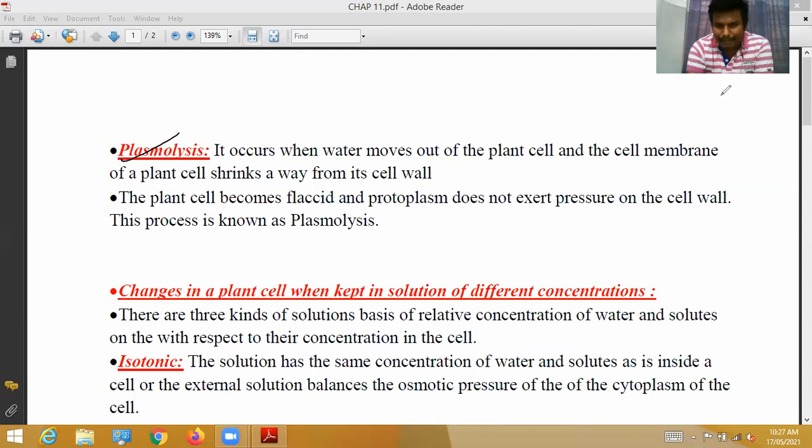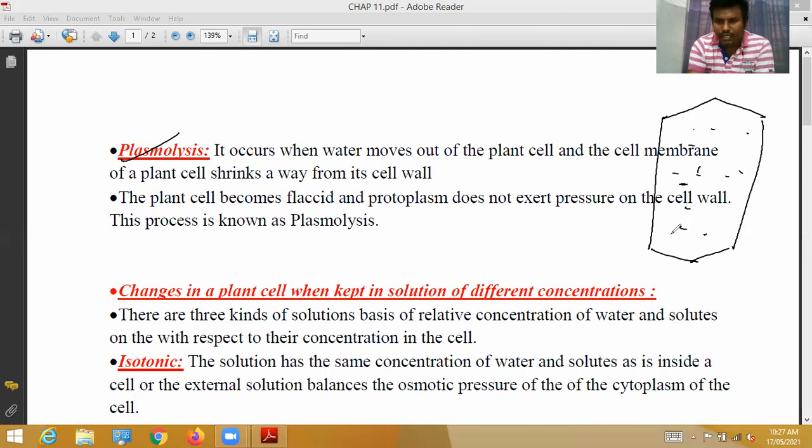Here is the plant cell, and generally water will be inside the plant cell. Plasmolysis occurs when water moves out of the plant cell and the cell membrane of the plant cell shrinks. Shrinks means it comes closer.